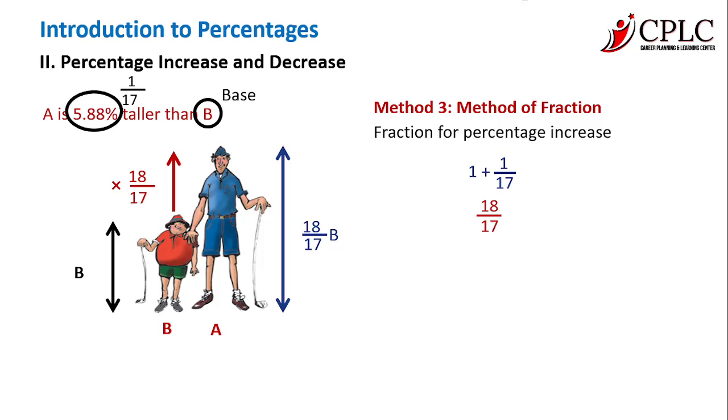And because it was a percentage increase, the formula was 1 plus base fraction. Probably, if you are guessing, for percentage decrease the formula will be 1 minus base fraction, and so on and so forth. So that is method number 3 for you.